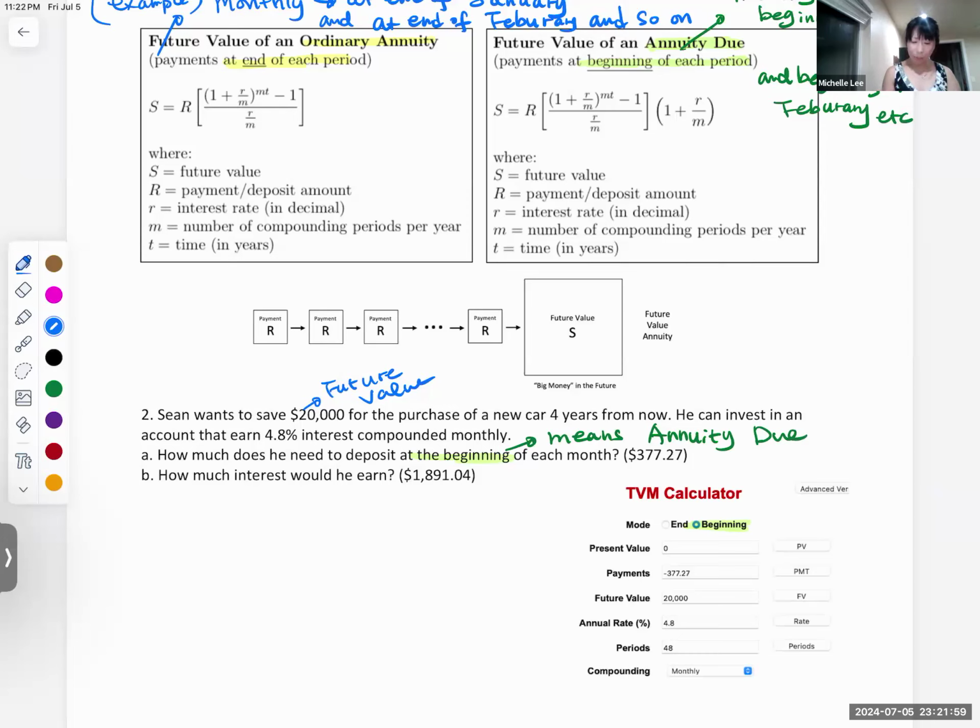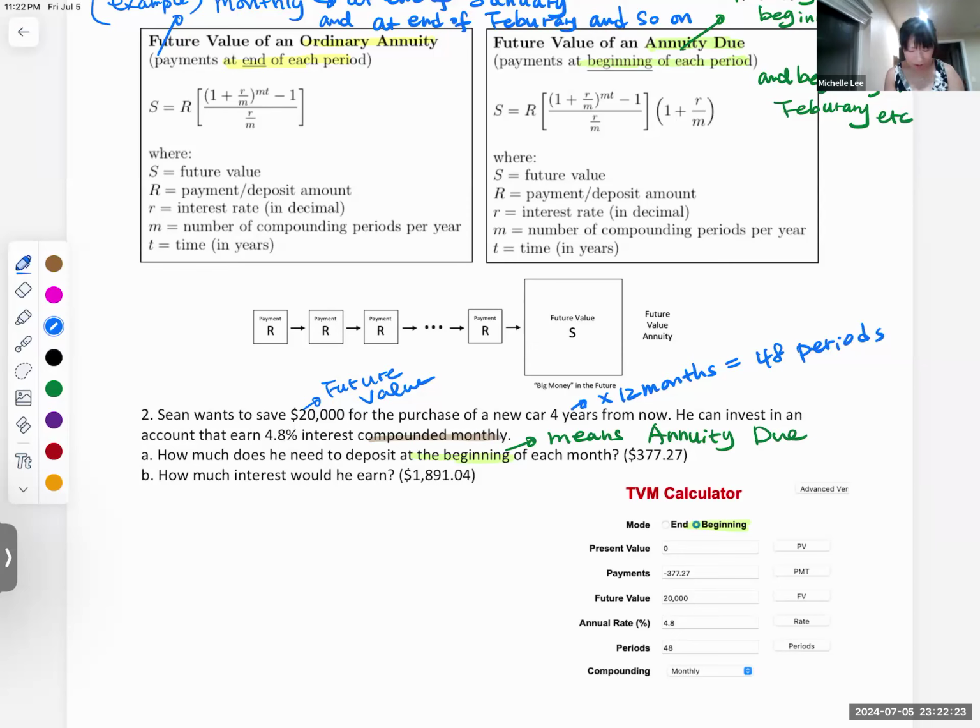They said compound monthly, so we make 4 years times 12 months equal to a 48 period.